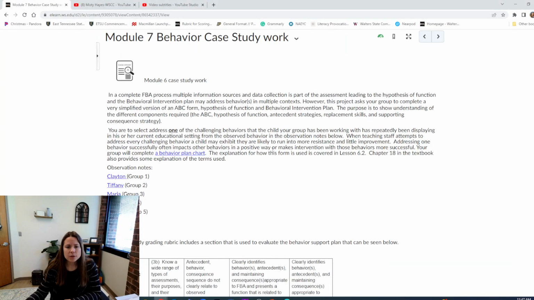What you have to do is pick one of those behaviors, and you're going to figure out how can you address this behavior, right? So you want there to be improvement. You want that child to be able to successfully interact with peers, and you want to make sure these behaviors go away. So you have to do an intervention. So you're going to click on Behavior Plan Chart.